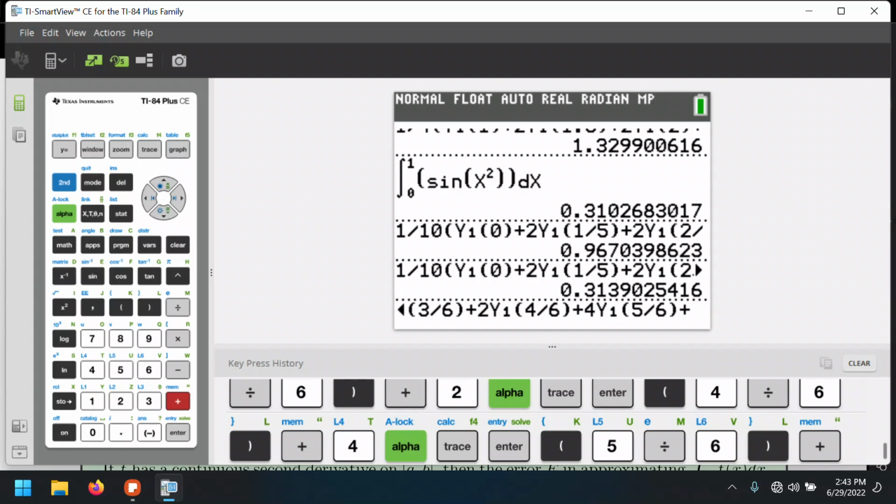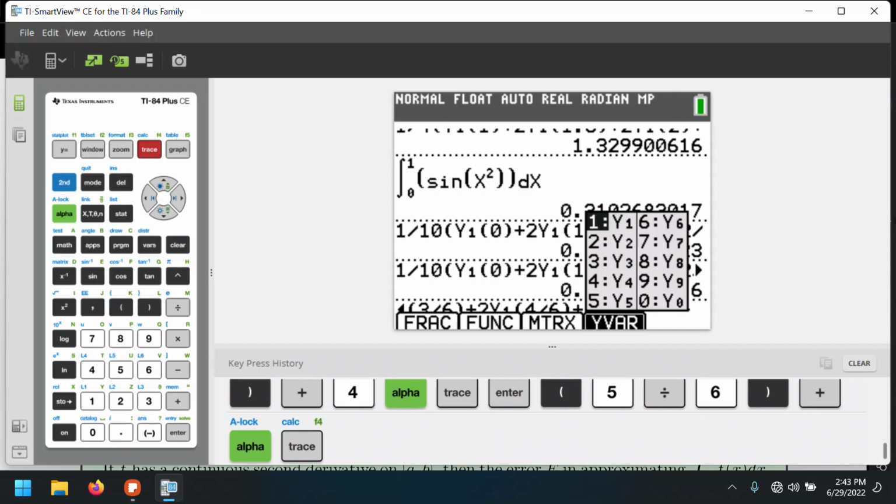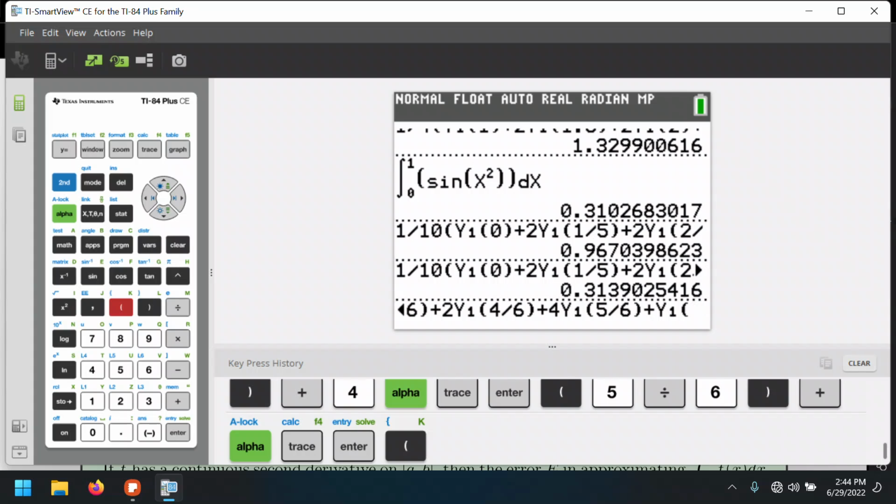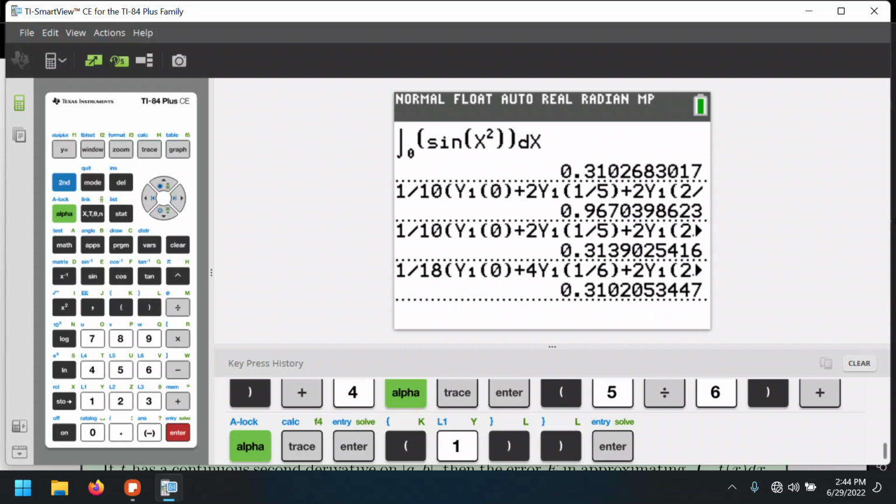So that's just alpha, trace, enter, evaluated at 1. Okay, close parenthesis. For the whole thing, we should get 0.310.